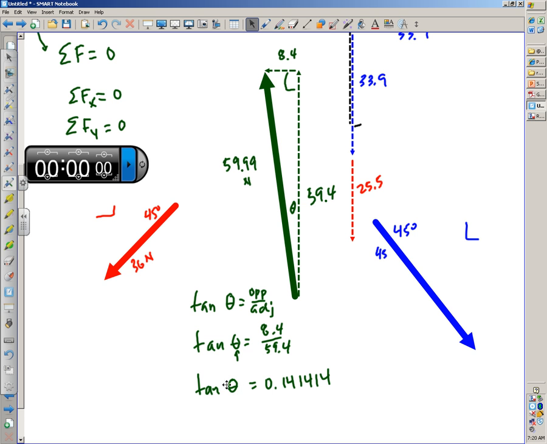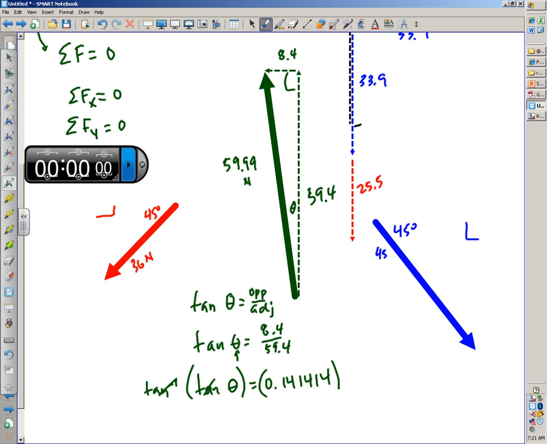Now, I've got to get theta by itself, so I need to get rid of the tangent part over here. That's where your inverse tangent function comes in. If I take the inverse tangent, or tangent to the -1, I'm going to cancel this tangent here, and that's just going to leave me with theta on the left-hand side.